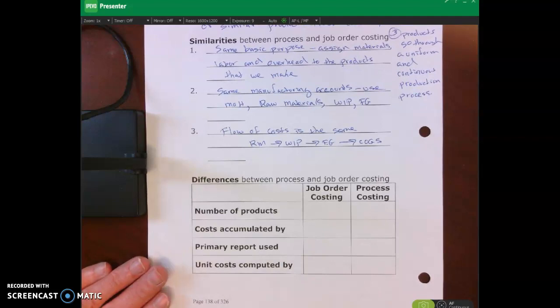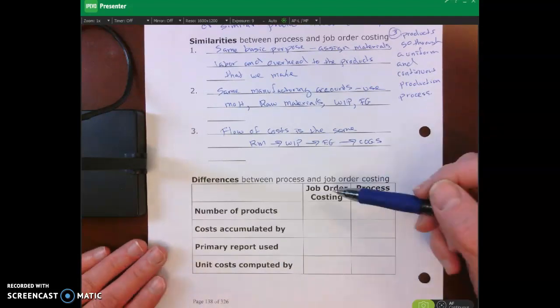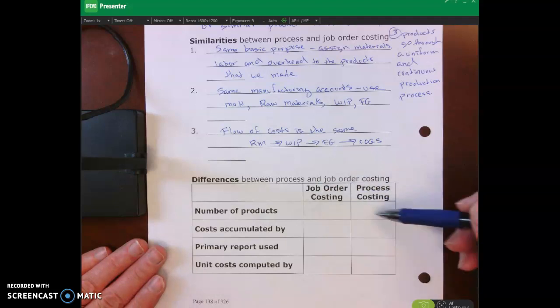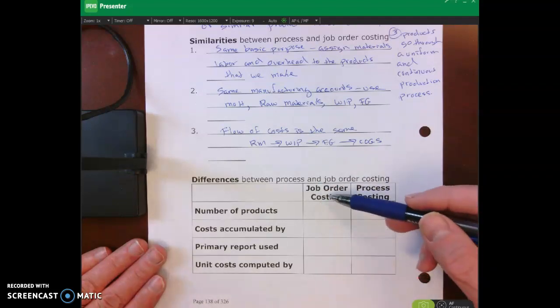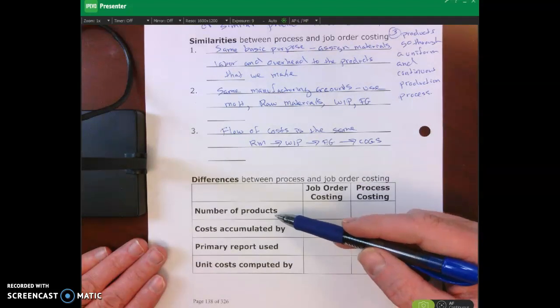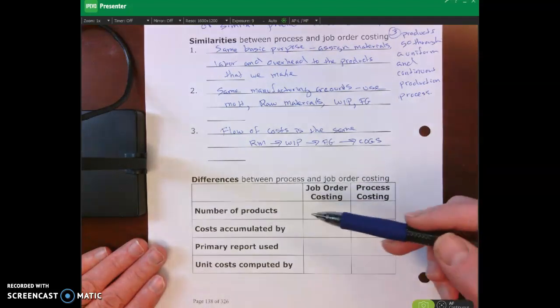And I kind of already alluded to some of these, but I'm going to go into them in a little bit more detail. This table here in your notes does a good job of distinguishing these two. So let's go ahead and complete this table based on the differences between job order and process costing. We talk about the number of products, or the types of products that we make.